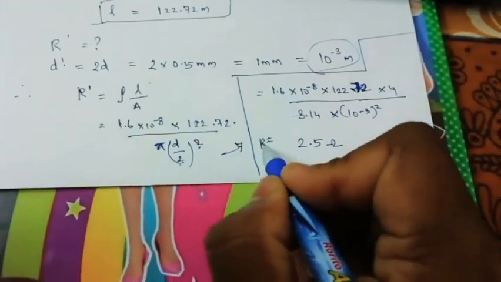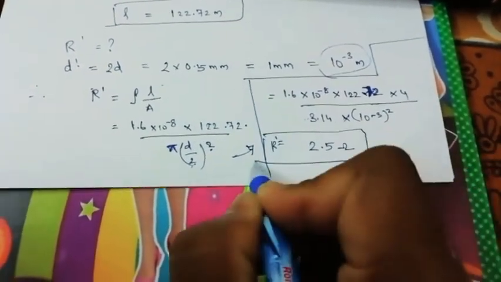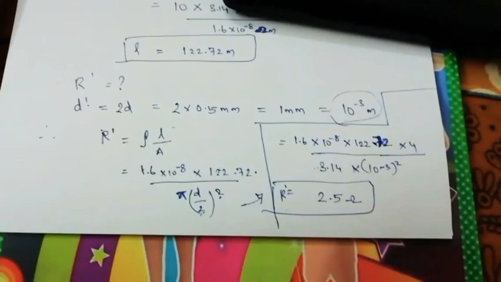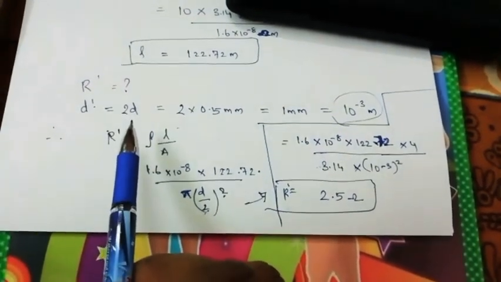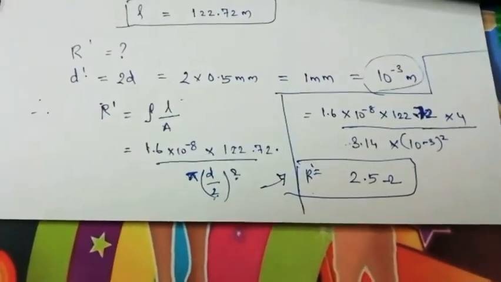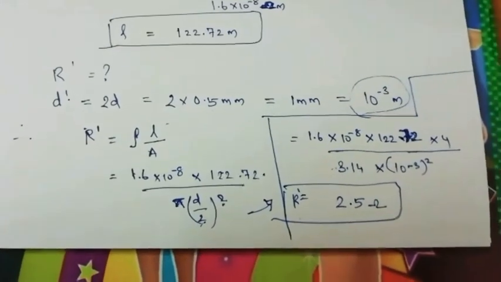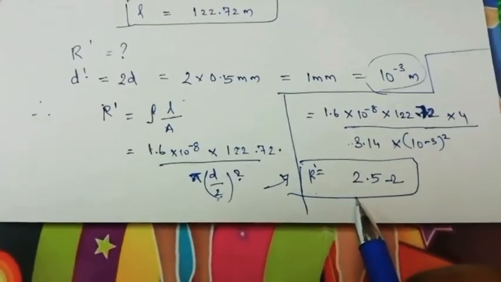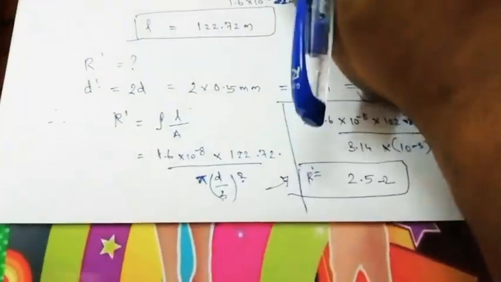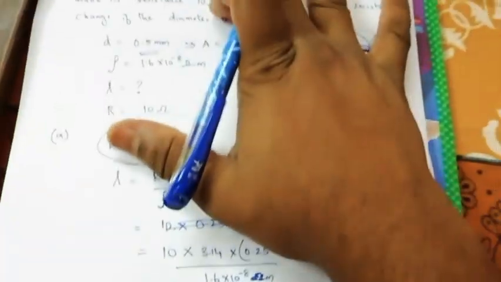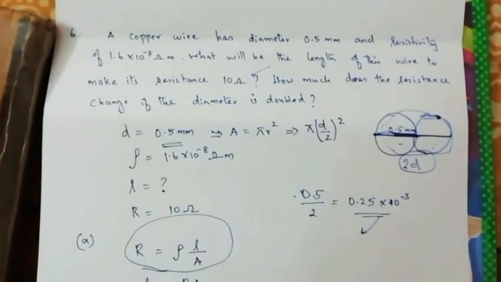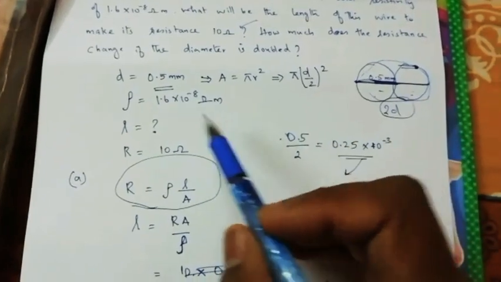This is the resistance if the diameter becomes doubled. If it becomes doubled, then the resistance shows 2.5 ohms. Let's see it once again. This is the question.